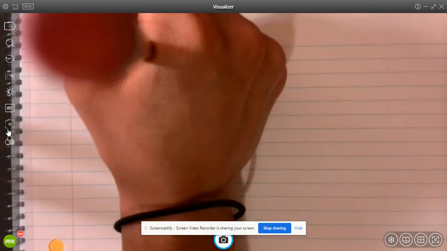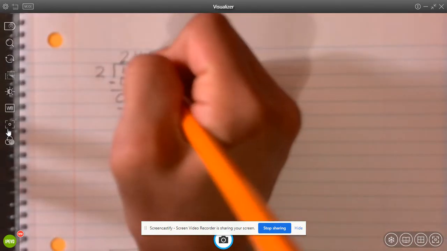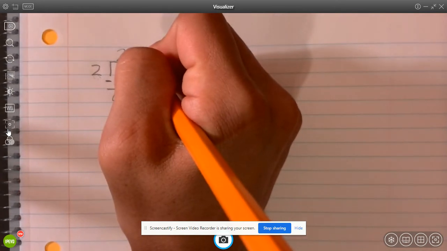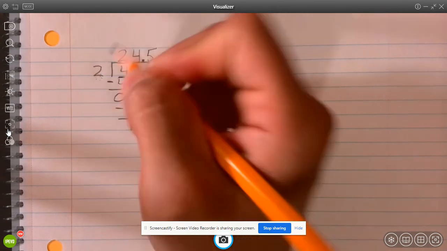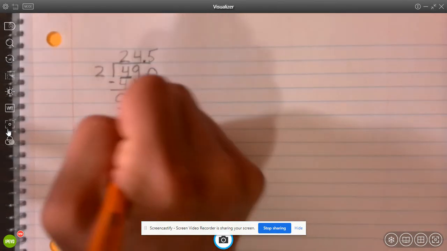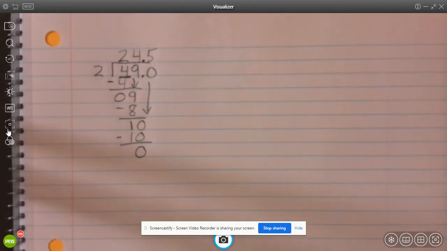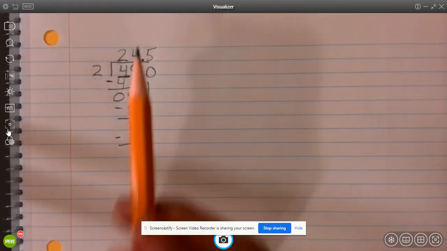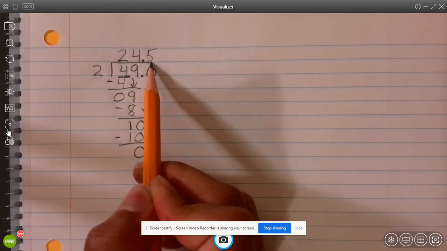So I'm going to put the 5 as part of my quotient. Make sure you bring that decimal up as part of your quotient. 5 times 2 is 10. I'm going to subtract, and I have 0 remaining. So my answer is 24 and 5/10. That is my quotient.